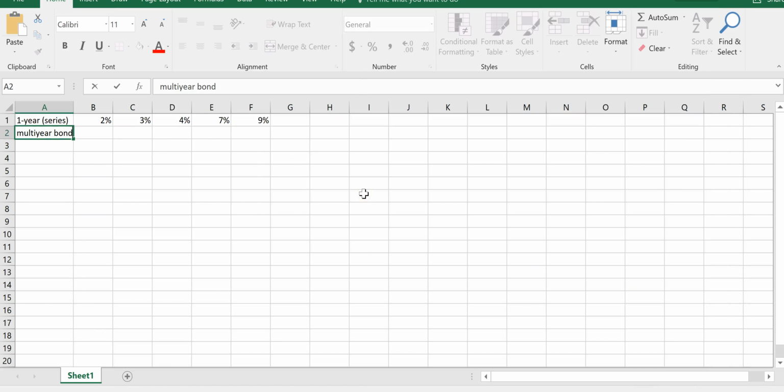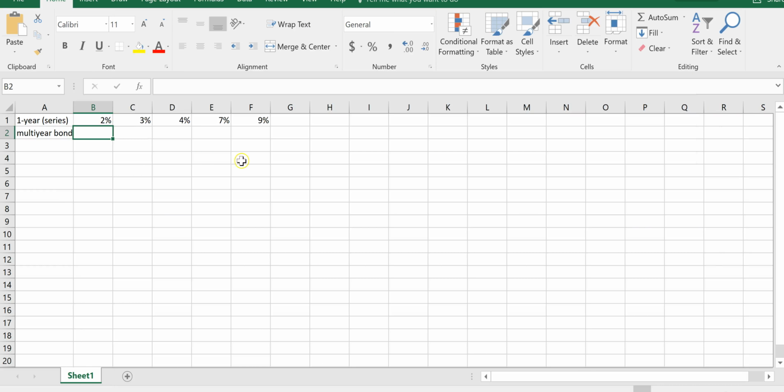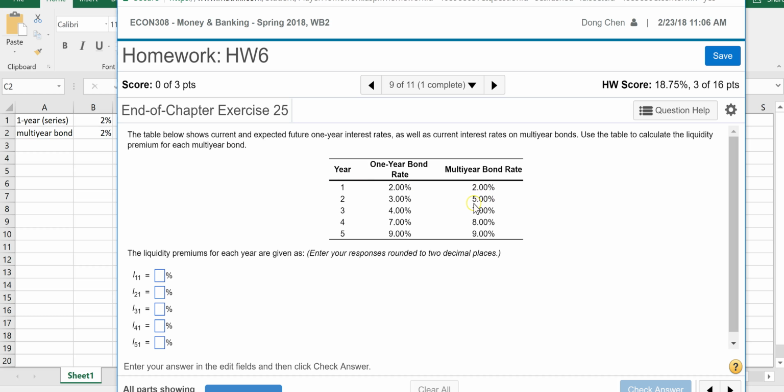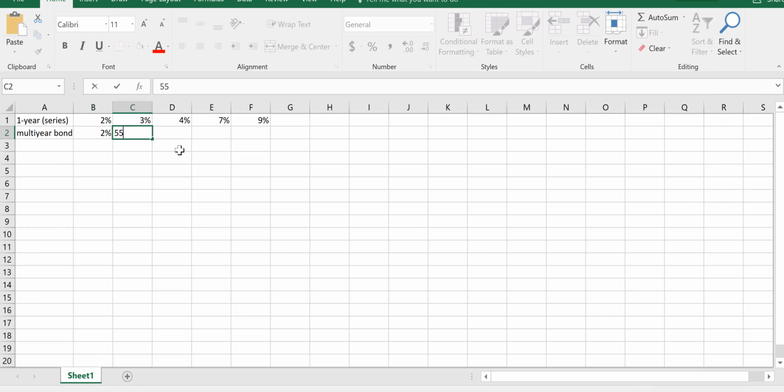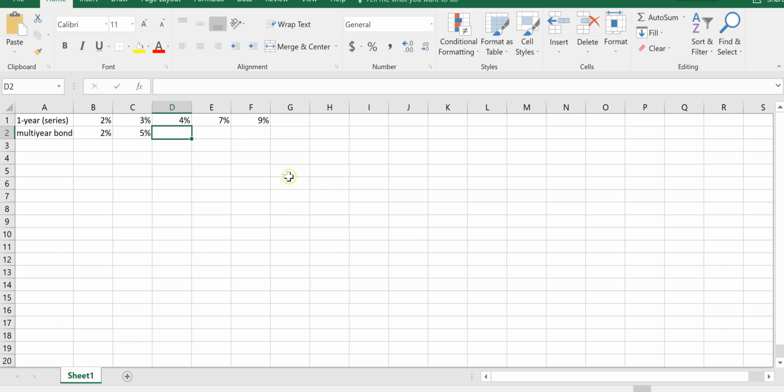And this is a multi-year bond. So their annual interest rate, obviously, when the year is 1, should be the same as the 1-year bond, right? That's exactly what's provided here. And the 2-year bonds, every year you expect to earn 5%. And the 3-year bonds, every year you can earn 7%.